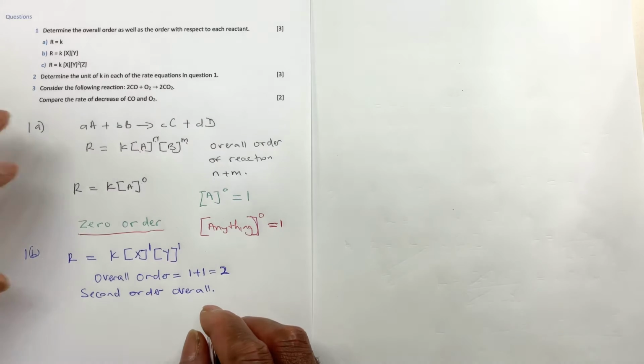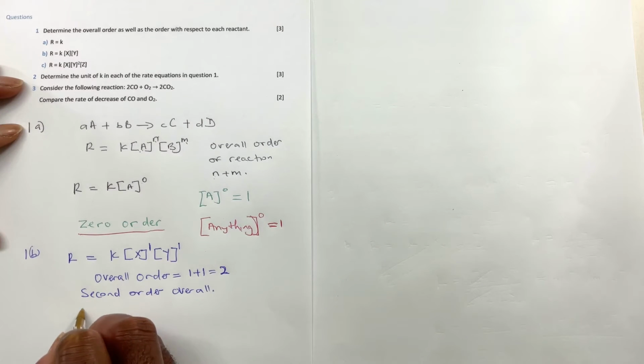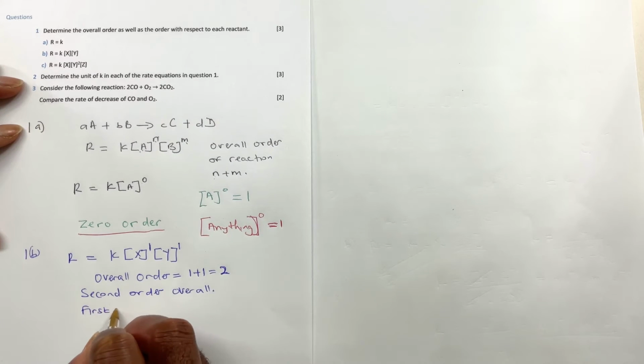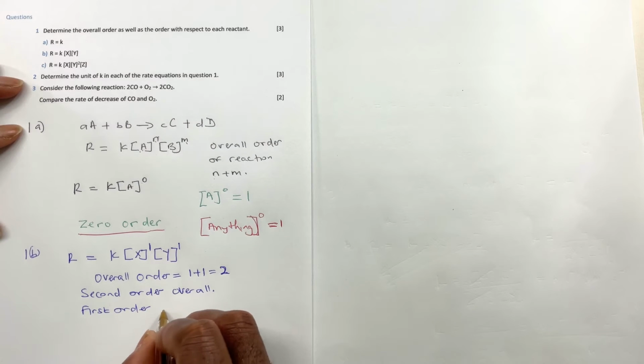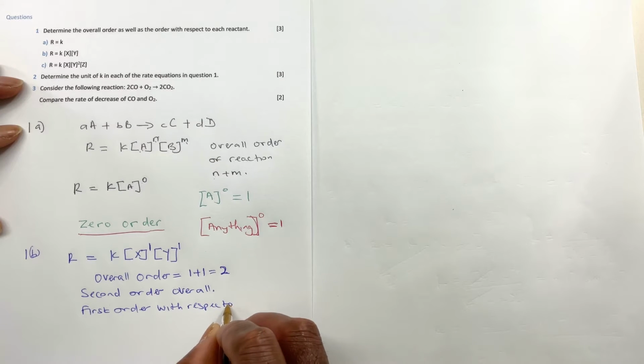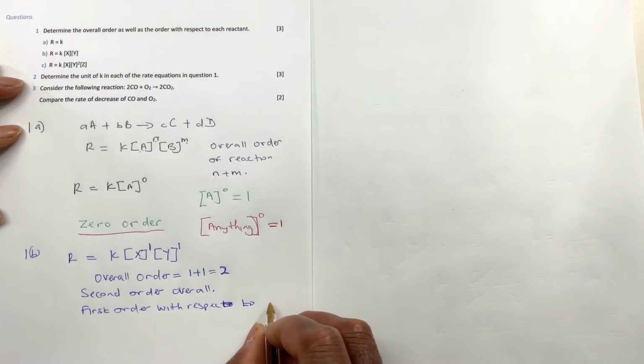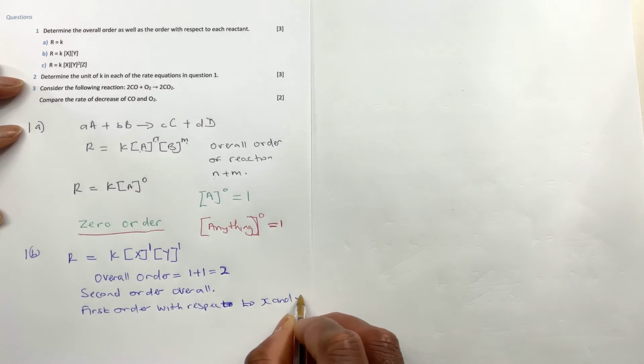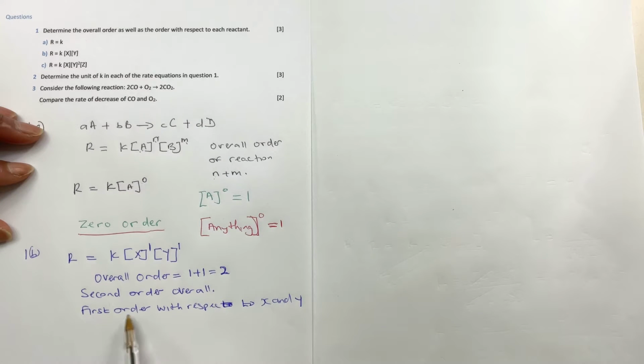And then we have first order with respect to X and Y. So this is first order with respect to X, which is order 1, and Y, which is first as well.